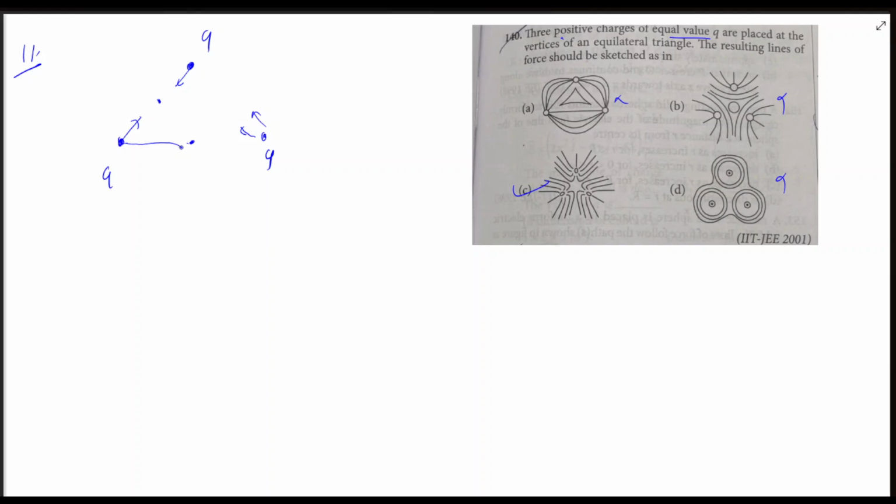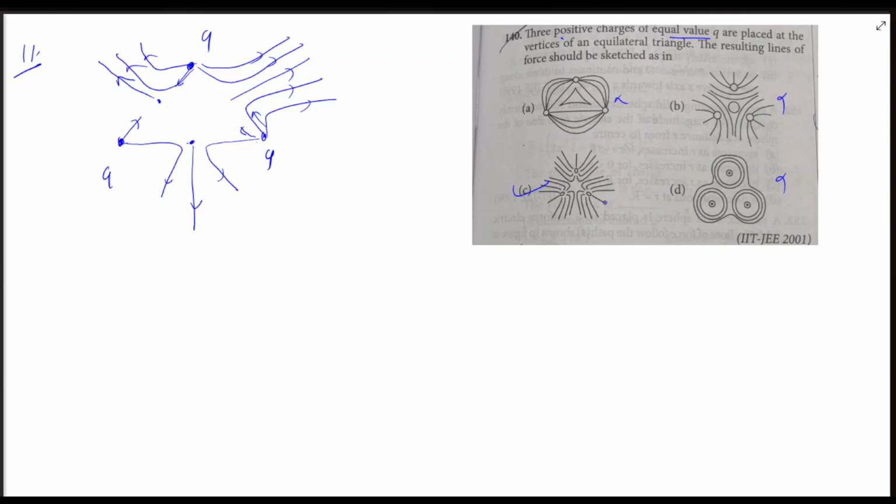So it will be like this, and electric field will be like this. But due to Q only, here it will be like this. Similarly here it will be due to this Q, and here it will be this. So electric field will be like this. Okay, we can just complete the diagram.